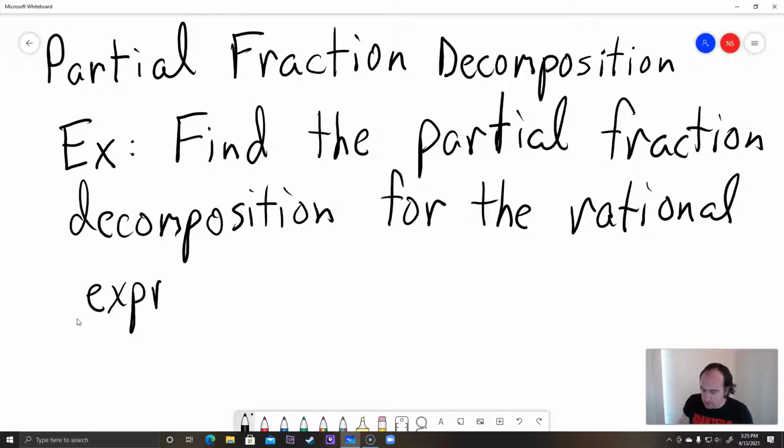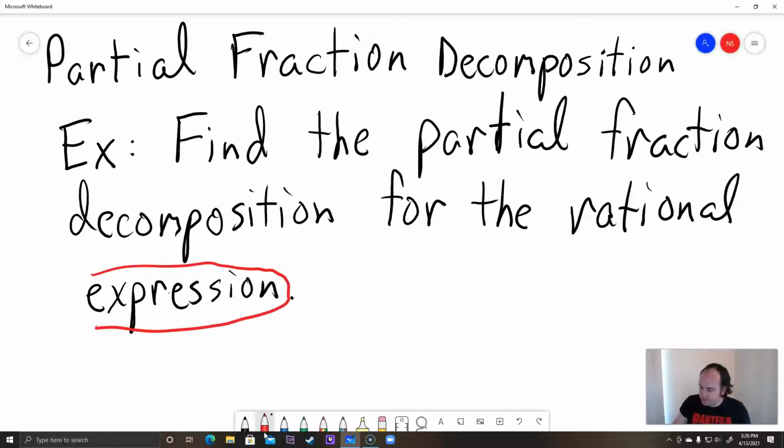Now remember that a rational expression, the word rational is built from the word ratio, which basically means fraction. So when they say rational expression, they mean you're going to start with a single fraction.